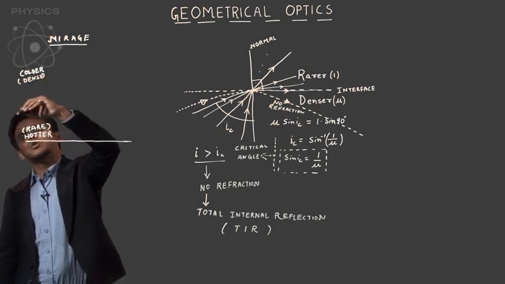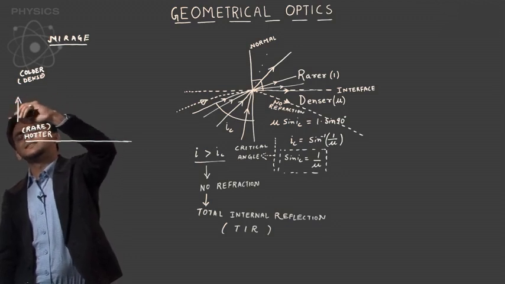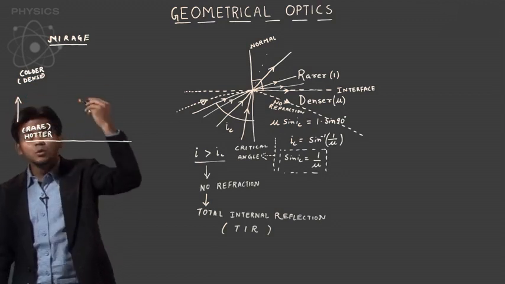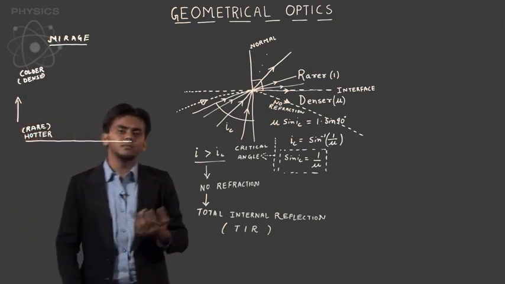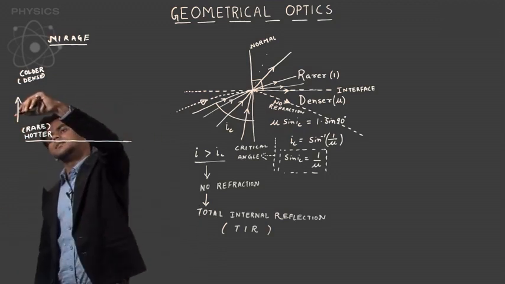Which means as I go up, my optical density rises. I can just simply say my mu rises up. That would suffice for my situation. The optical density is rising up, so I'll just say mu is increasing.